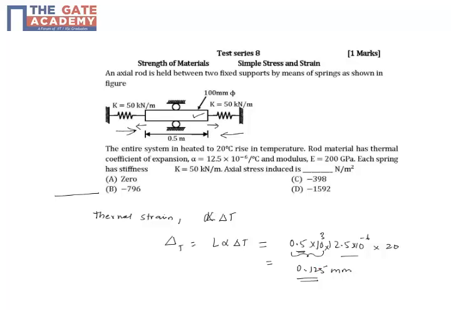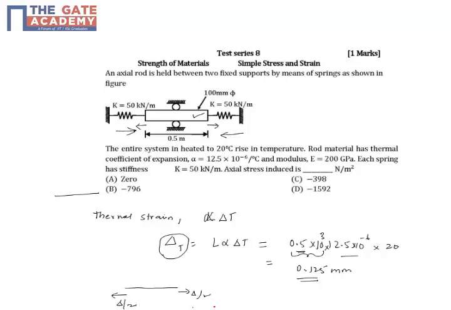Now because of this change in length, the springs get compressed. This delta is the total change in length. If you have a rod here that can expand in both directions, here it will be delta by 2 and here it will be delta by 2. Half of this will be felt on both sides.